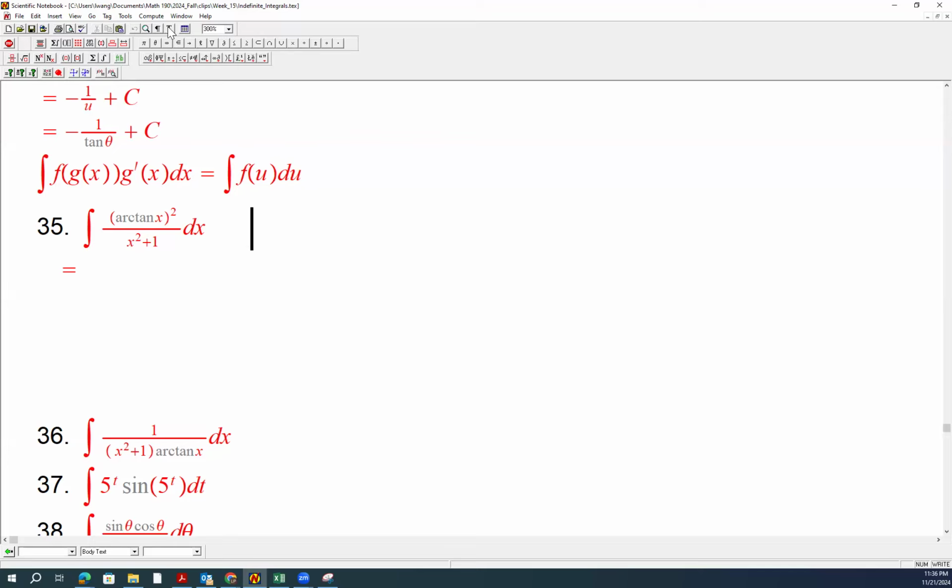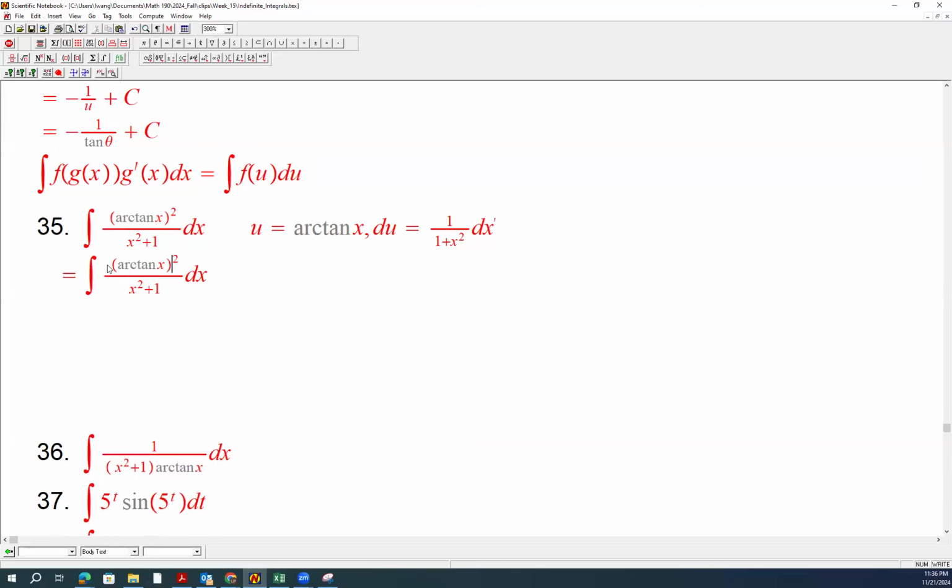I'm going to introduce u equals arctangent, so we get to practice with all of these. So du would be equal to 1 over 1 plus x squared. We get to use all of those derivatives and antiderivatives in these exercises.